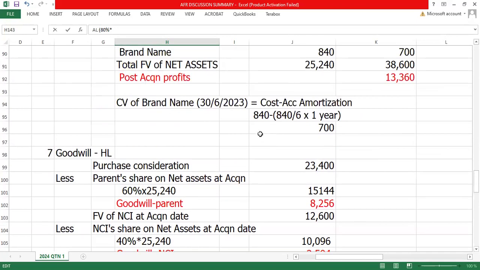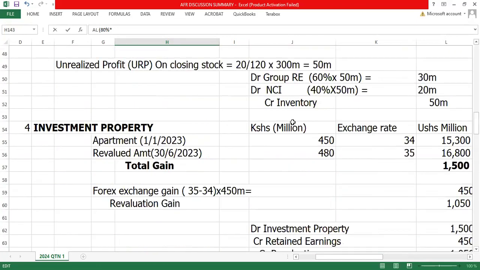You recall from translation, we translated it.